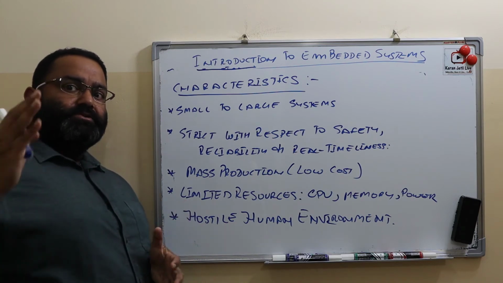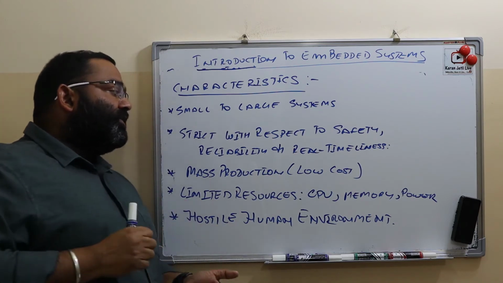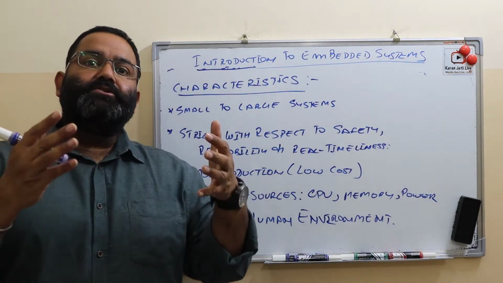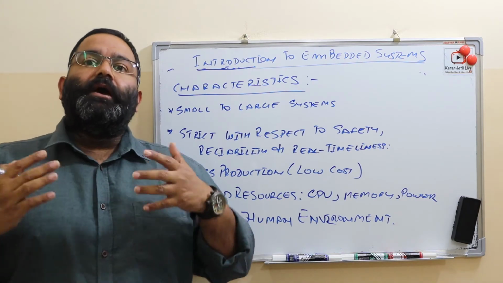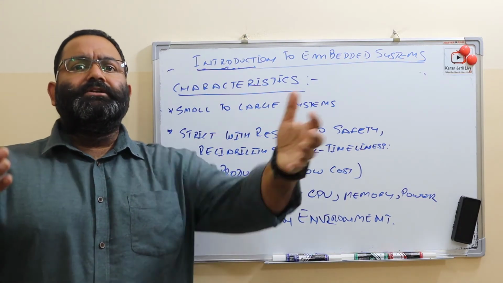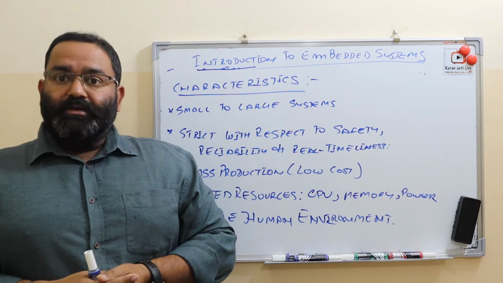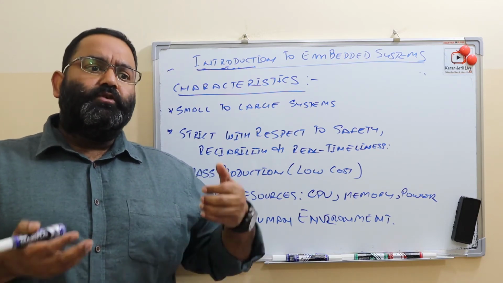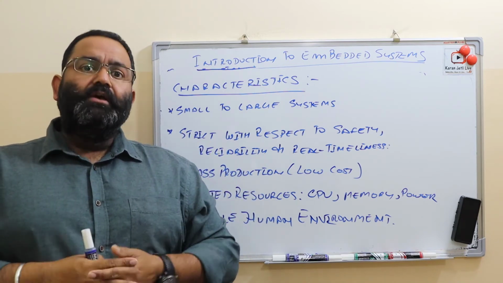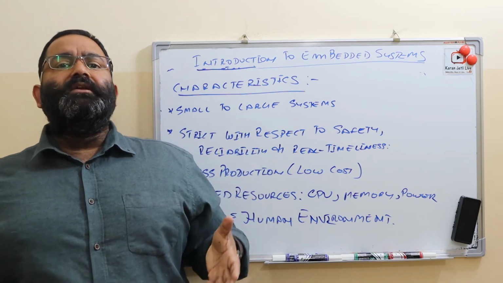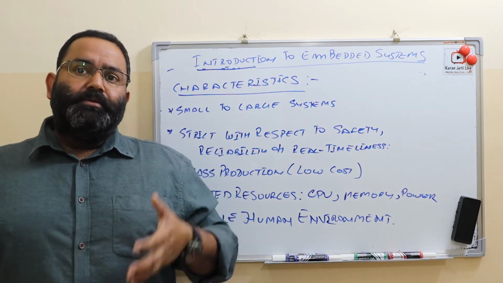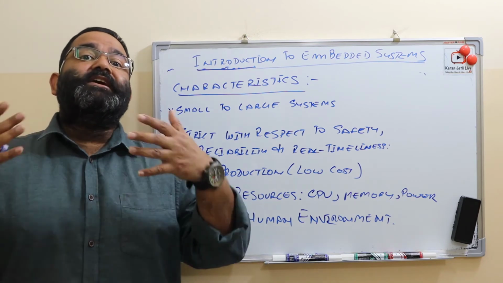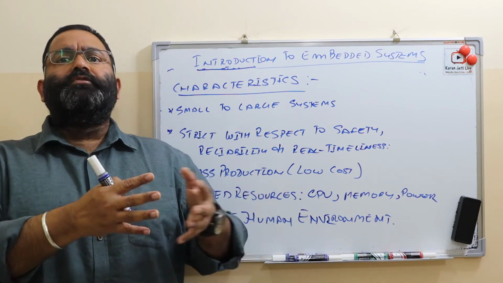And embedded systems always operate in a very hostile human environment. Unlike desktop or laptop users, who are trained to use them, embedded systems are used by consumers. Most of the housewives are using them. So it is a very hostile human environment, meaning the people using these systems are not skilled in using a computerized system.